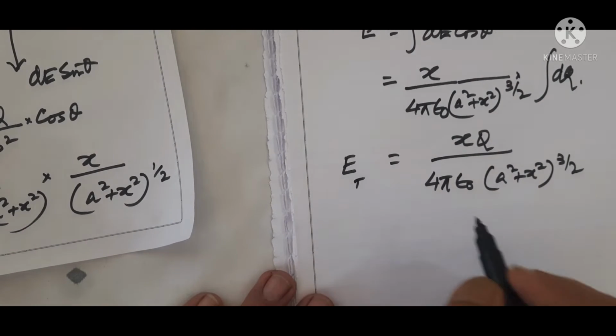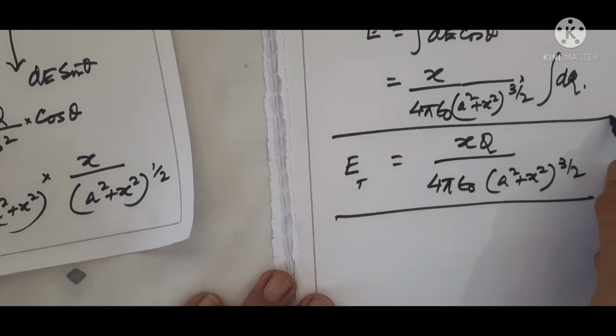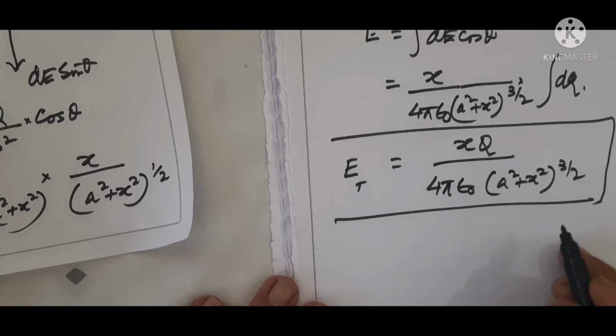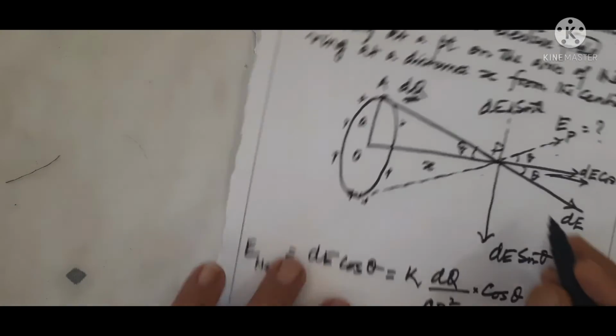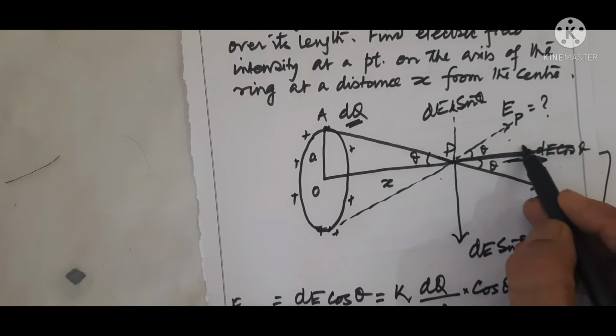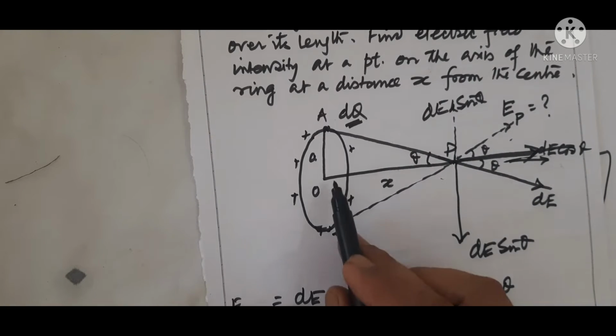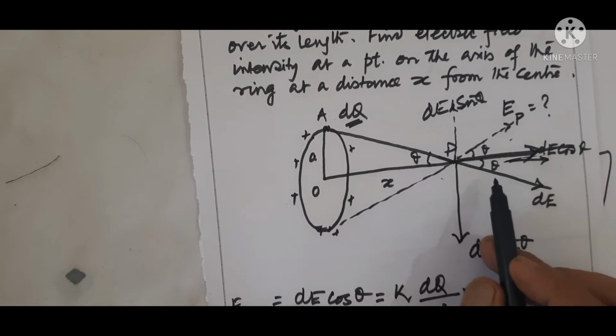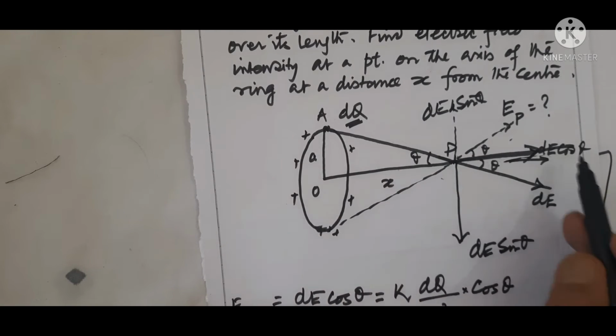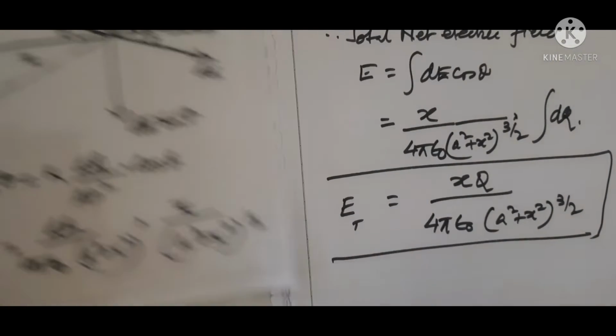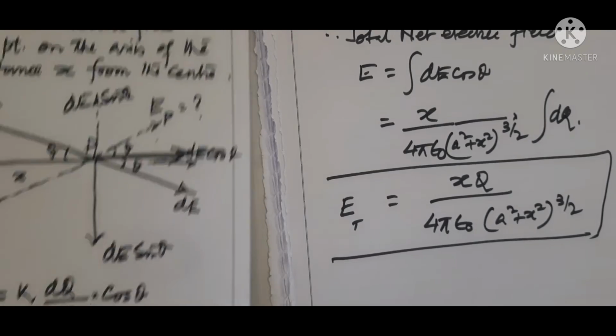That is E total, the magnitude expression. And the direction is the same, along this direction, away from the axis or center. Right?